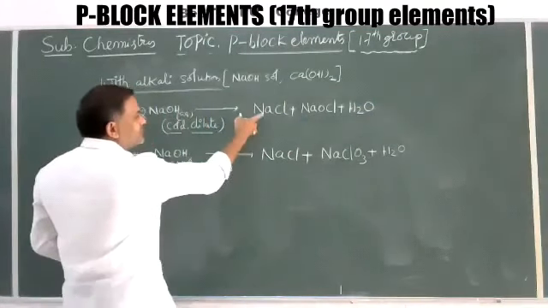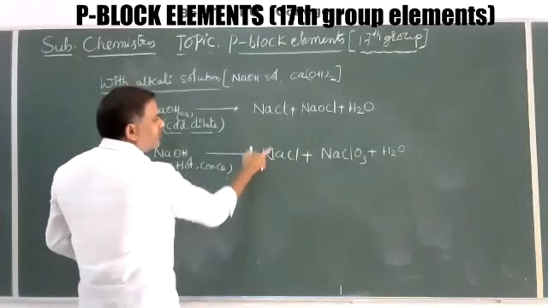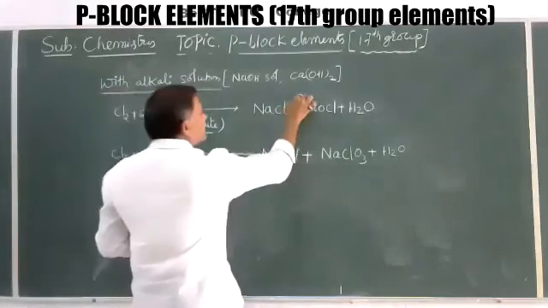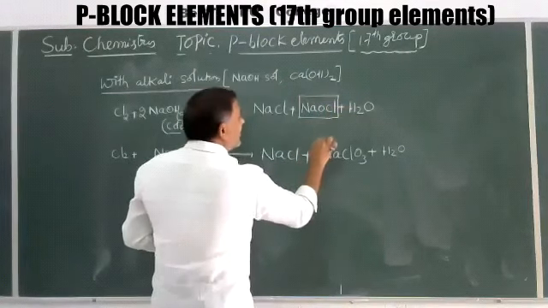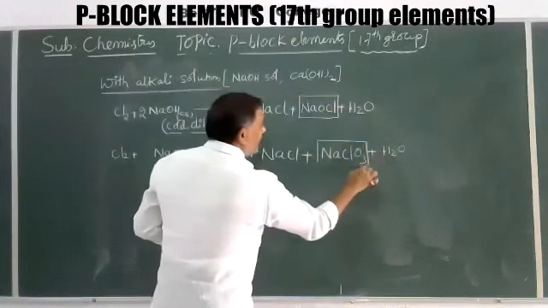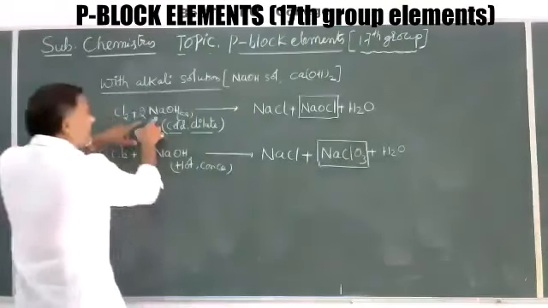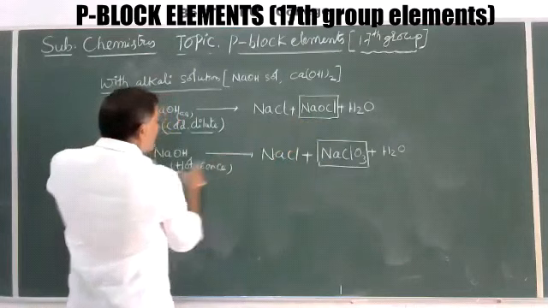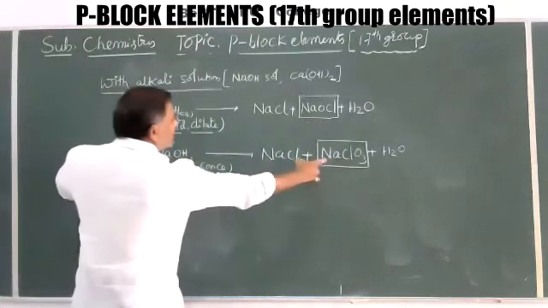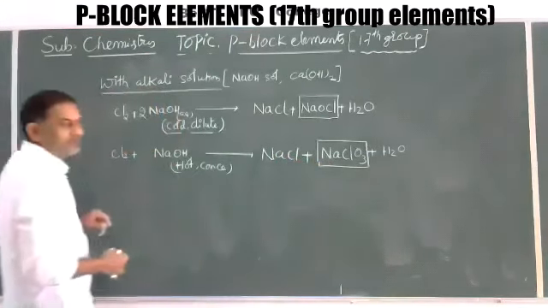In both cases, sodium chloride is common; the difference is this. That's why in examinations they will ask, complete the following reaction. When reacted in dilute condition, it gives sodium hypochlorite; when concentrated, sodium chlorate.